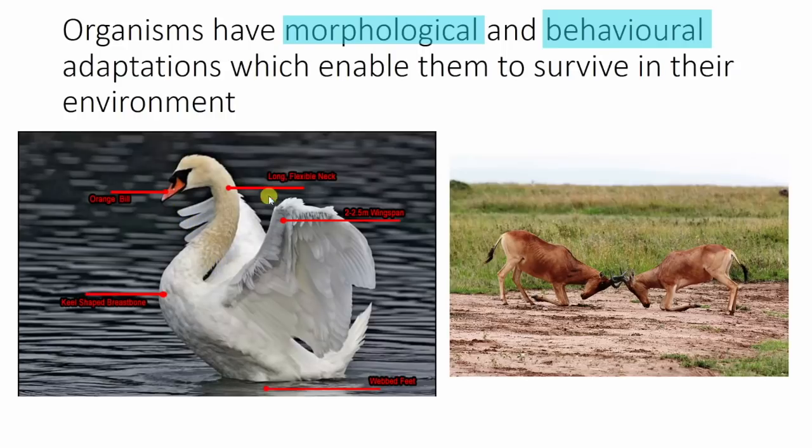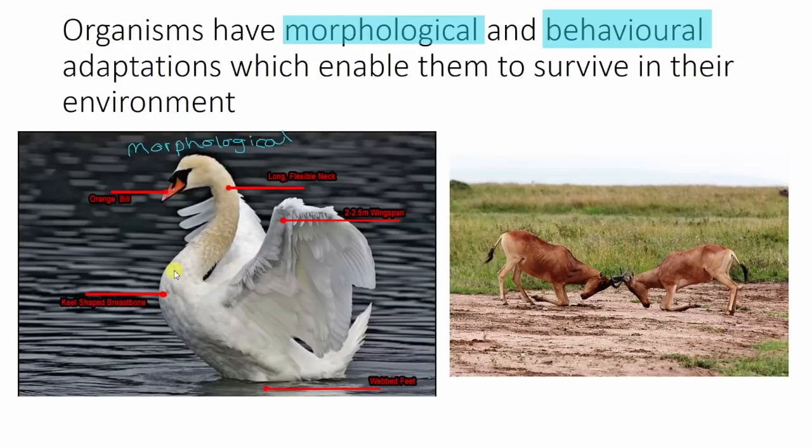We've got some features that are listed here, the fact that it's got an orange bill, a long flexible neck, okay, a big wingspan compared to some other birds, and a keel-shaped breastbone, so it kind of bends out here, and webbed feet. So these are all examples of morphological adaptations. Morphological, so these are all shapes and sizes.